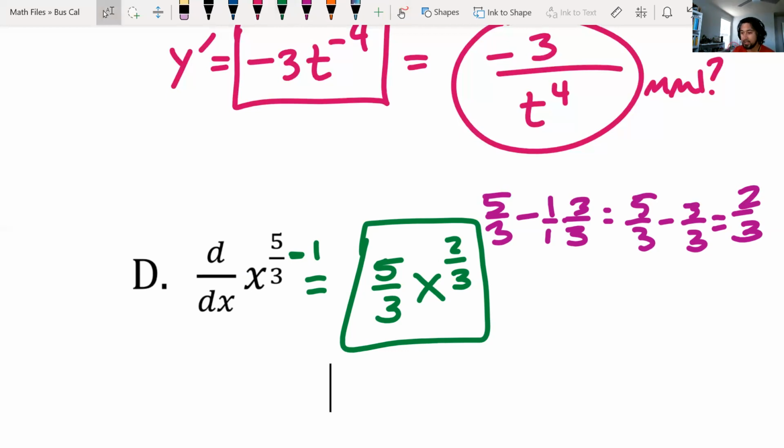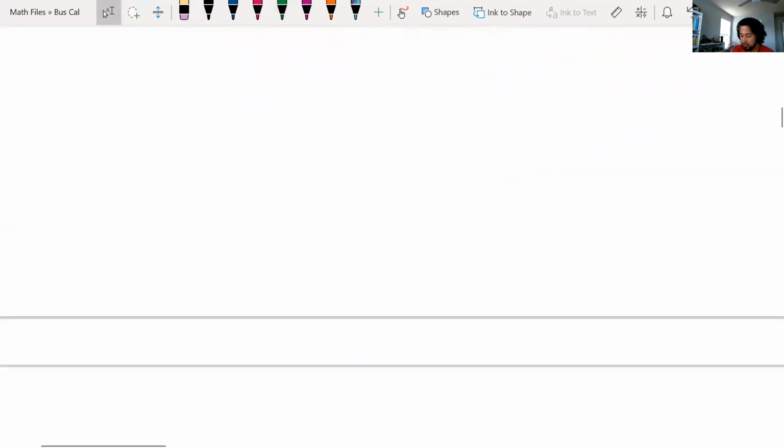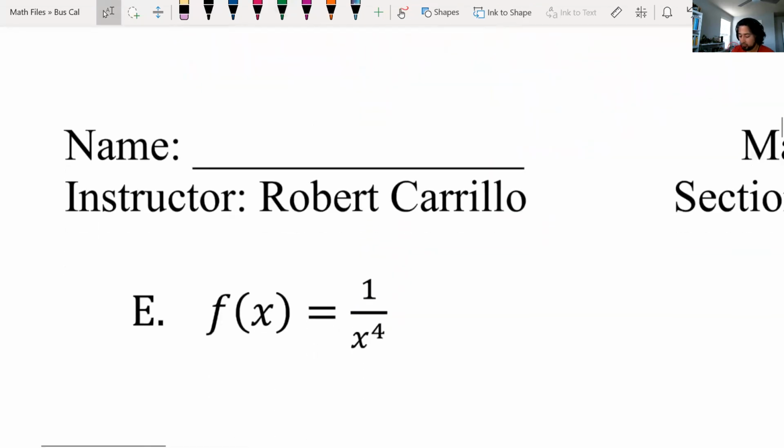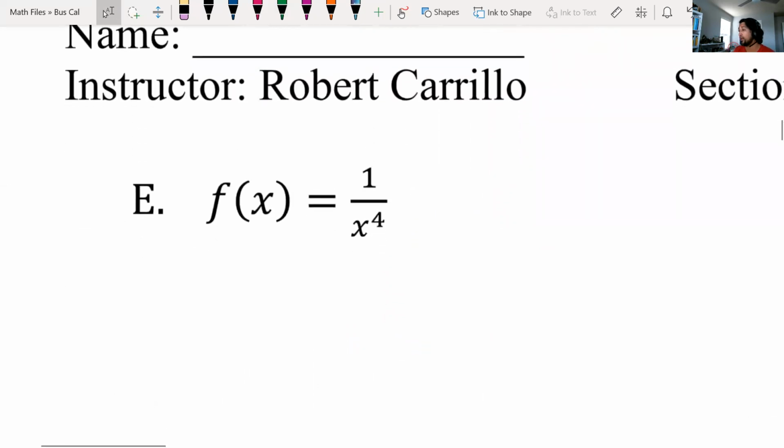Okay. Let's keep going. All right. So now we're given f of x equals 1 over x to the 4th. We can't take the derivative in this form, so we have to rewrite it algebraically in order to take the derivative of it.